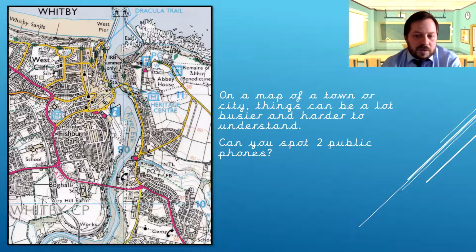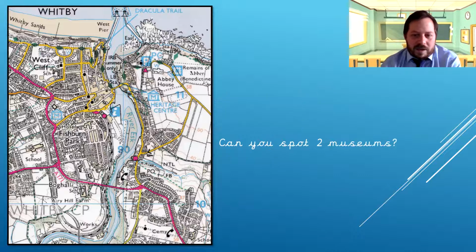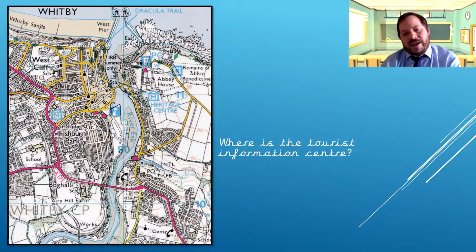So can you spot two public phones? There they are. Can you spot two museums, which are like a little house with an M inside? Yep, there they are. Can you see where the tourist information centre is? I'll give you a hint. It's an 'i'. There it is.